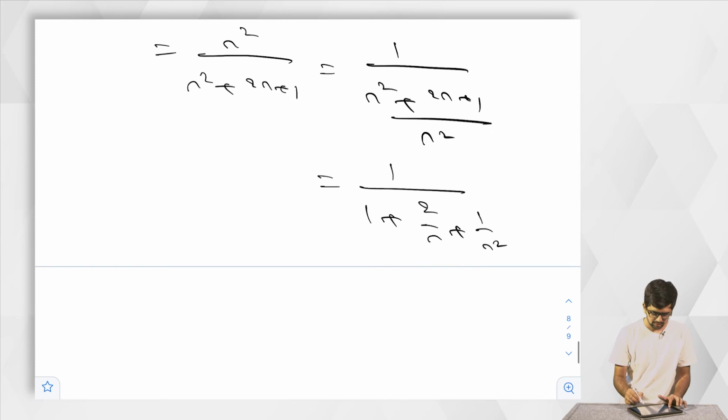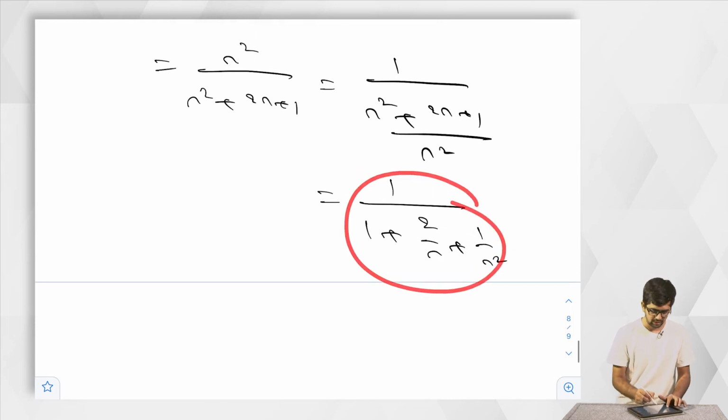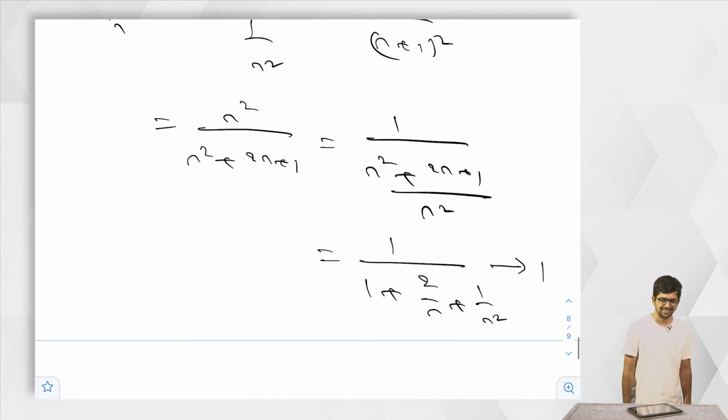Okay, so now what? 2 by n goes to 0, and 1 by n square goes to 0, so this whole thing goes to 1. So now there seems to be some problem.